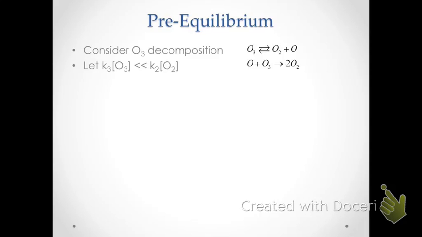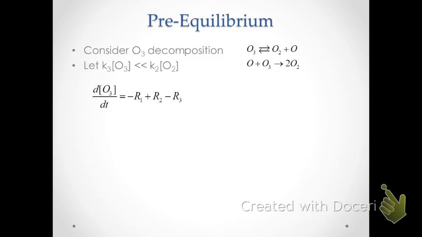So if we let this step where the ozone reacts with the oxygen atom be very, very slow, the oxygen atom of course being the intermediate, then we're going to have essentially an equilibrium for the reversible reaction for the decomposition of ozone.